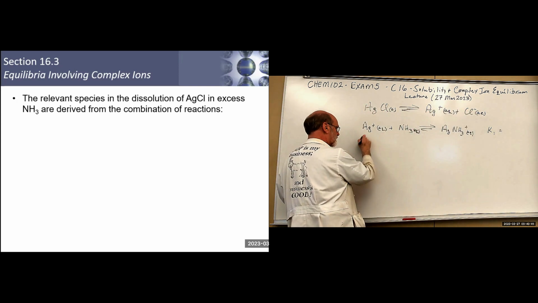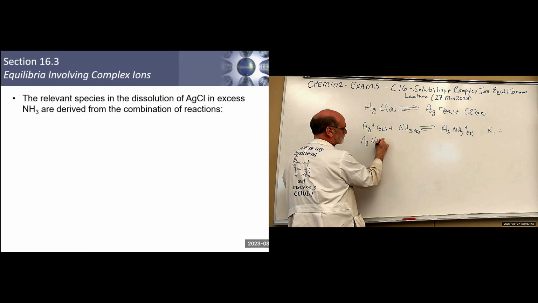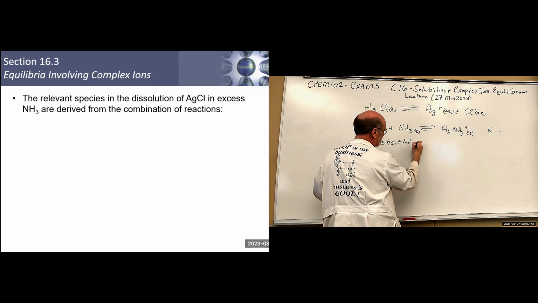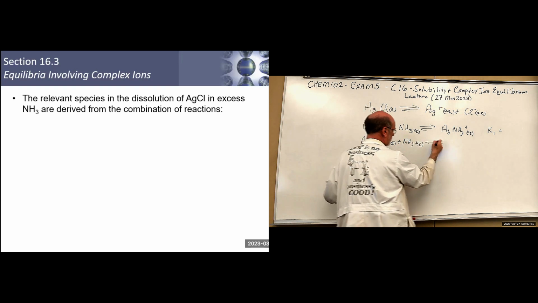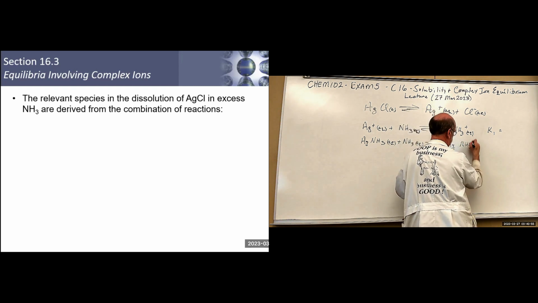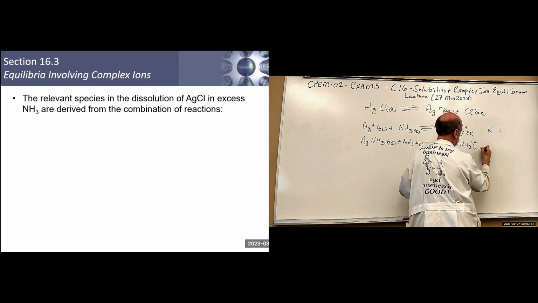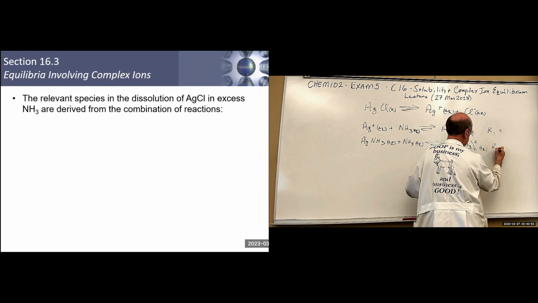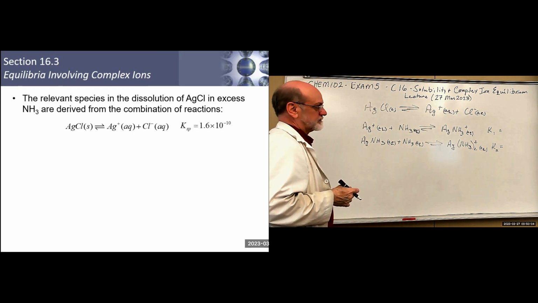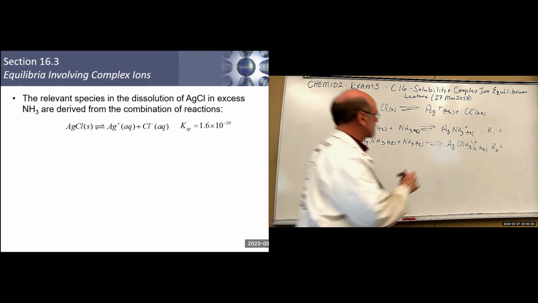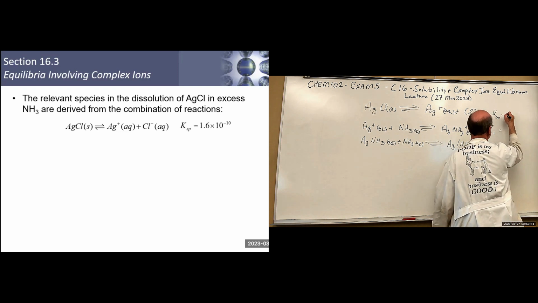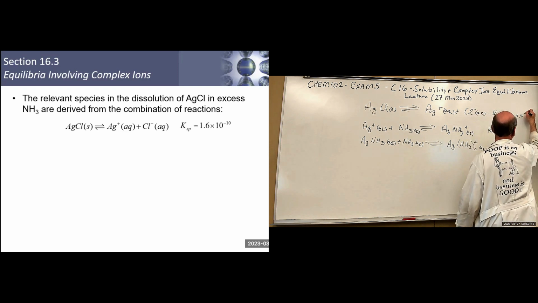And then we take that other one and it will accept another ammonia. And this is the one we're after. It's still a +1 charge. And that has a K. This K is K SP equals 1.6 times 10 to the minus 10.